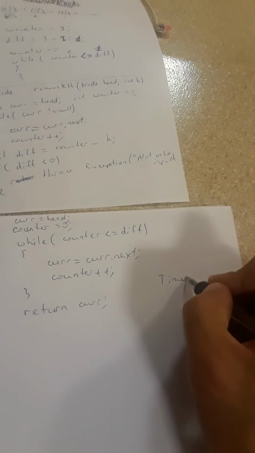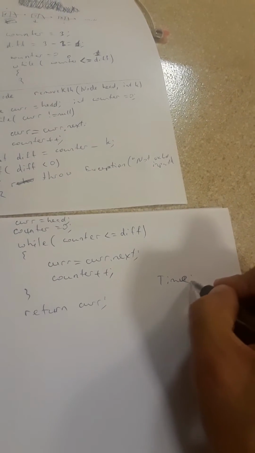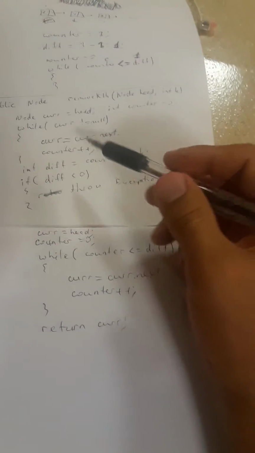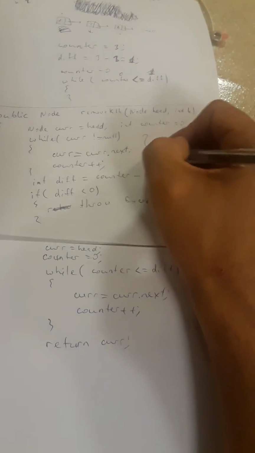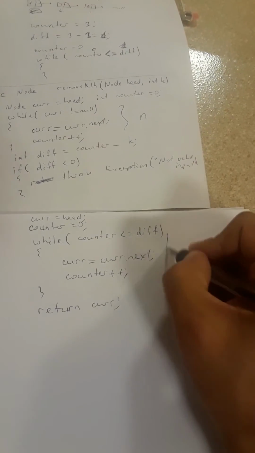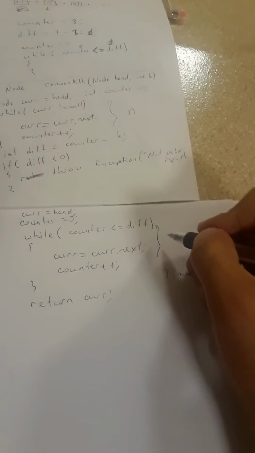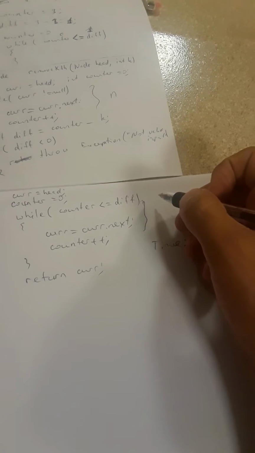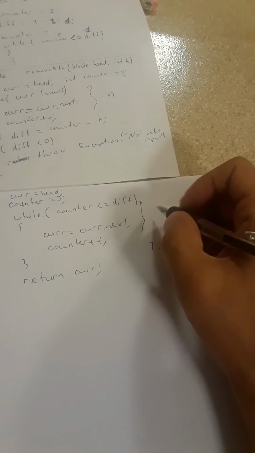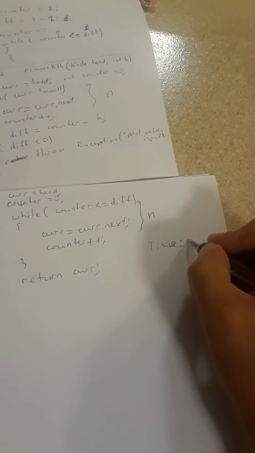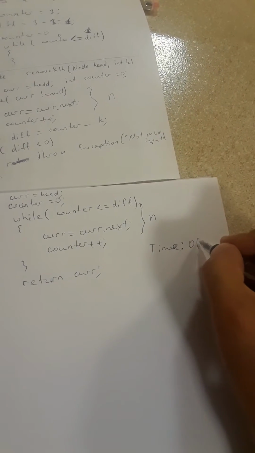So, the time complexity for this algorithm. Here we're running one while loop, and in the worst case, if for example the difference is equal to the number of elements in the linked list, there will be another n, so it will be order of 2n.